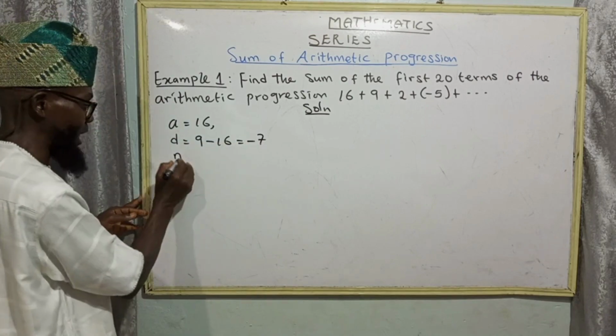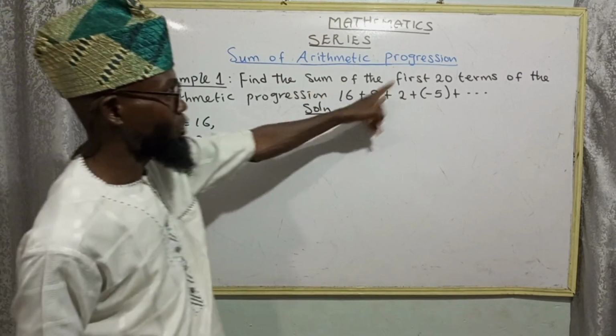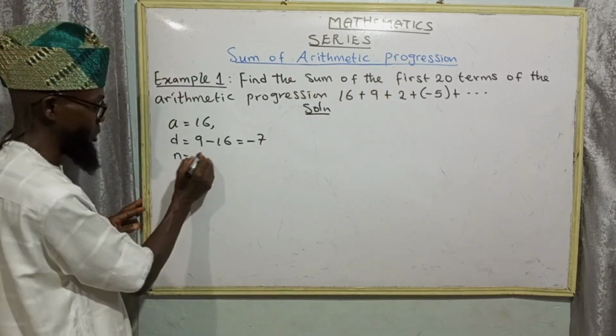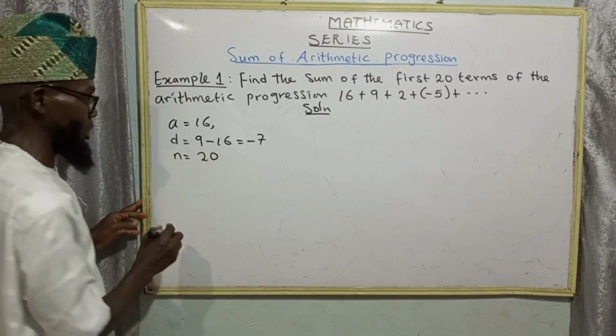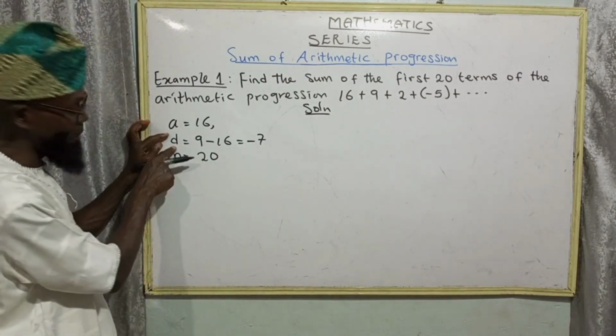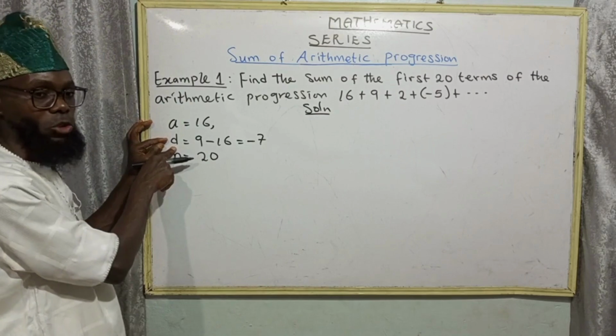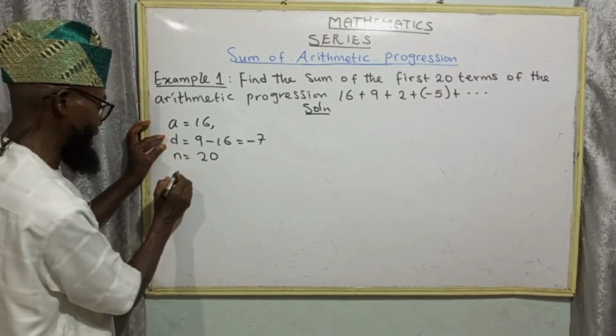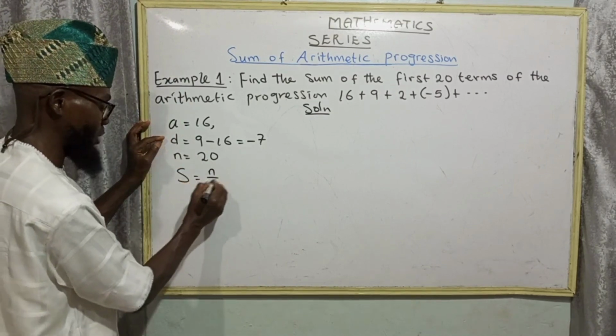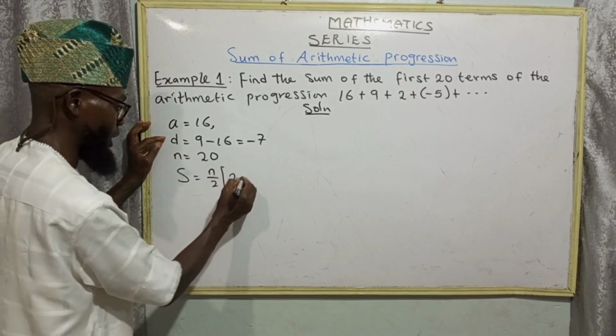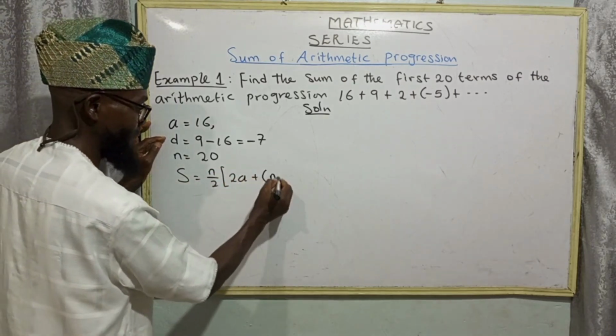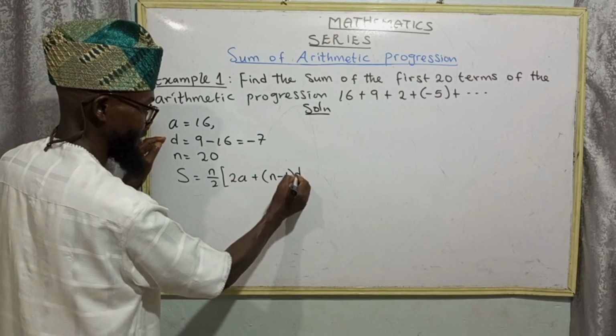Now our number of terms: you have been told the first 20 terms, so n is 20. We want to find the sum. Since you are given a common difference here, we are going to make use of the second formula that says S equals n over 2, open bracket, 2A plus open bracket n minus 1, close bracket D.